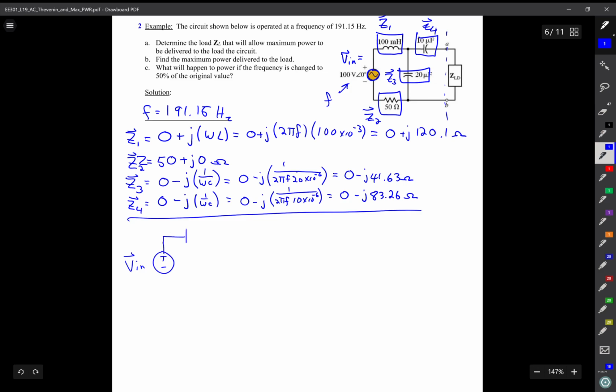Here's my Z1 impedance. Here's my Z2 impedance. Coming down this way is going to be my Z3 impedance. And I also have Z4.